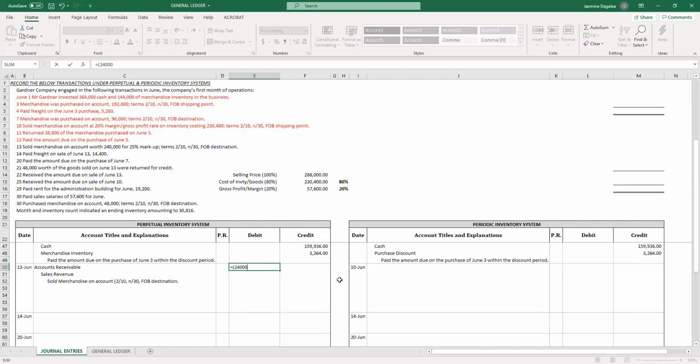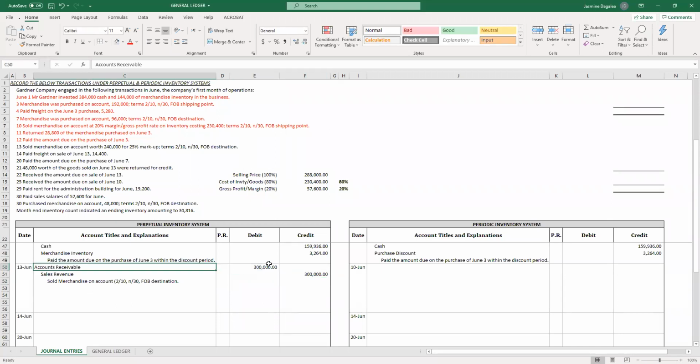Para mag-gets nyo yung formula, 240,000 times 0.25 is 60,000, plus yung cost nyo, markup on cost, 240,000.